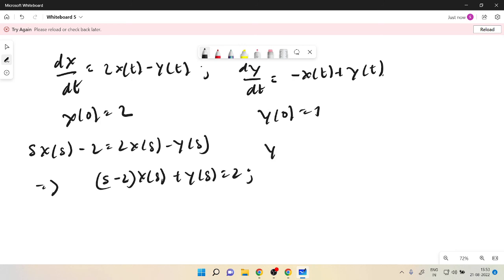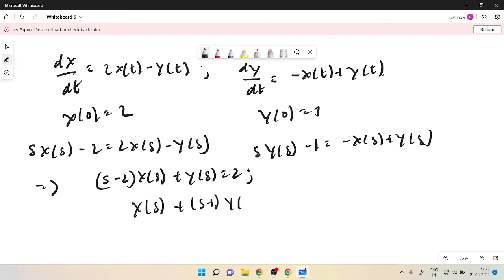Similarly, s times y of s minus 1 equals minus x of s plus y of s. So you'll get another equation: x of s plus s minus 1 times y of s equals 1. So these are the two linear equations.